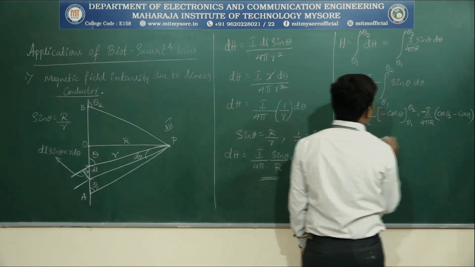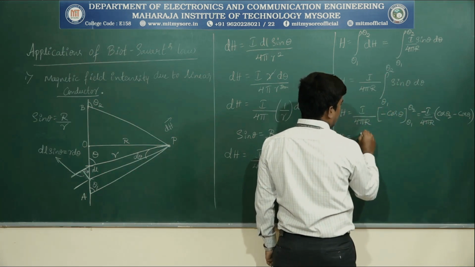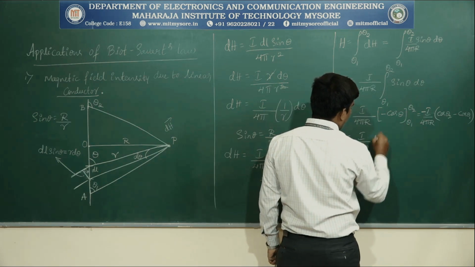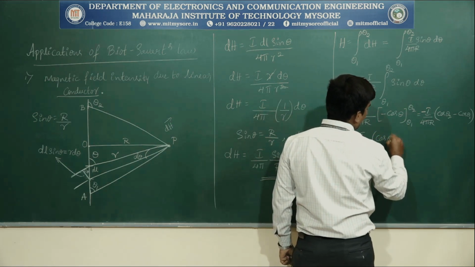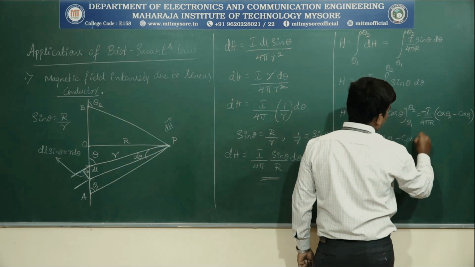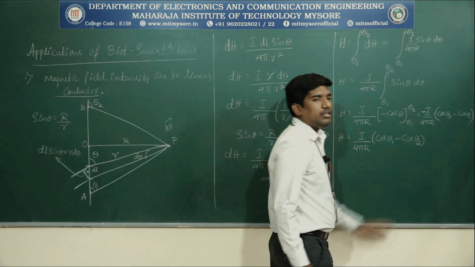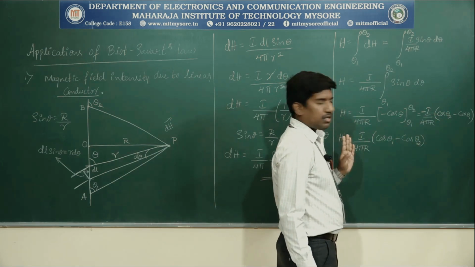If I take minus inside, then the expression becomes I divided by 4 pi r into cos theta 1 minus cos theta 2. This gets reversed if I take the negative sign into the brackets.